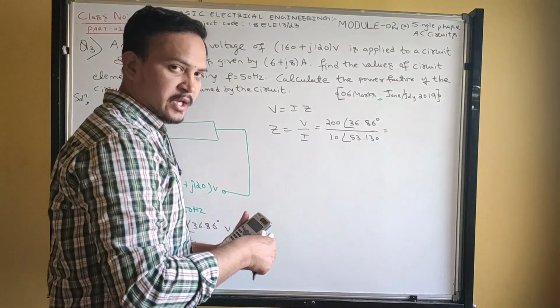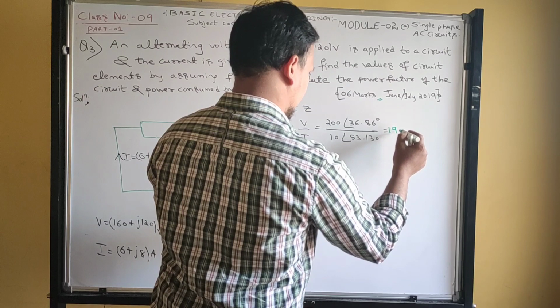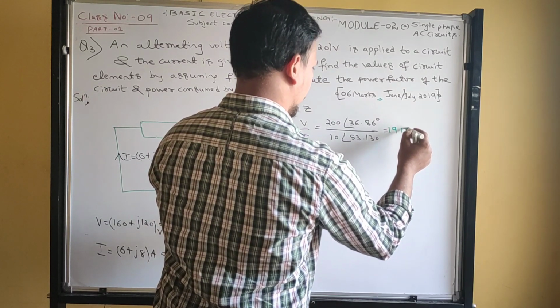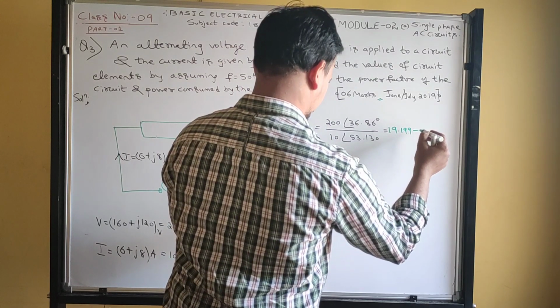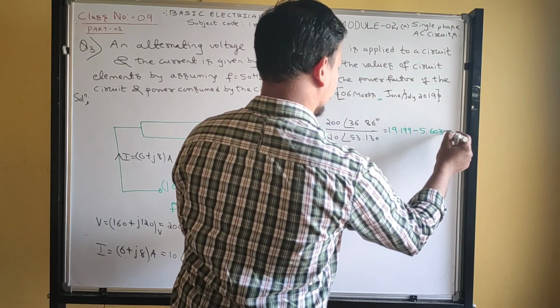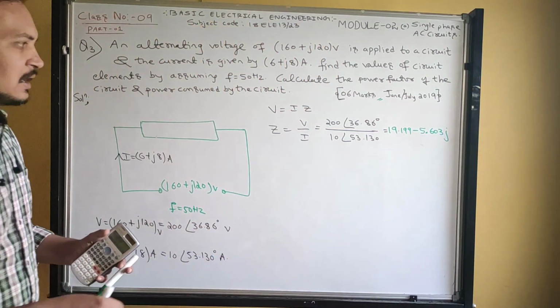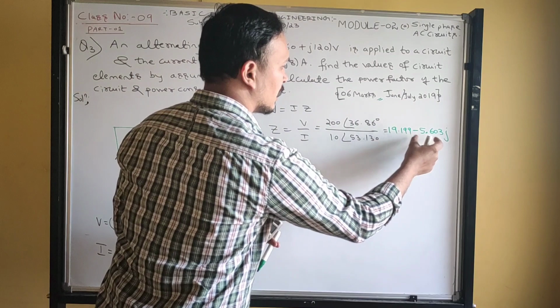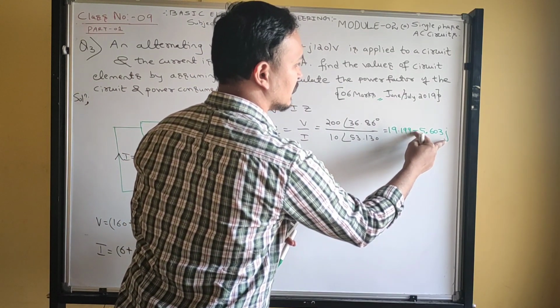First, I am writing the impedance in rectangular form: 19.199 minus 5.603j. Finally I got the impedance value, with a real part and an imaginary part. What is the imaginary part? Minus j.